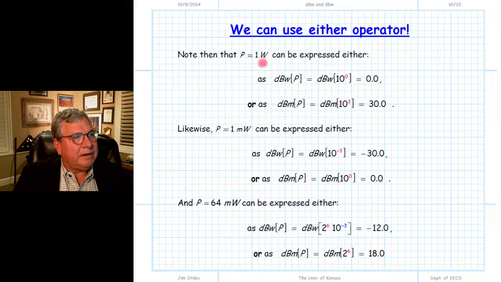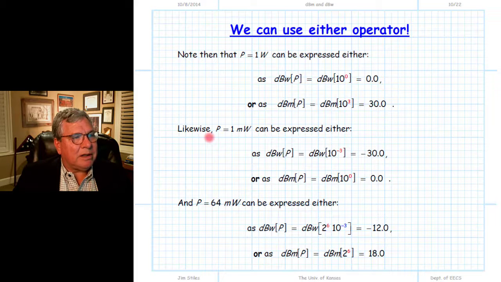If we take a power, let's say, that's equal to 1 watt, and we express it with the dBw operator, of course, in that case, we get a value of 0. But if we express that same value of 1 watt in the dBm operator, of course, 1 watt is 1,000 milliwatts, and so we get 10 to the 3rd, and that gives us a value of 30. 30 dB larger than 1 milliwatt is a value of 1 watt.